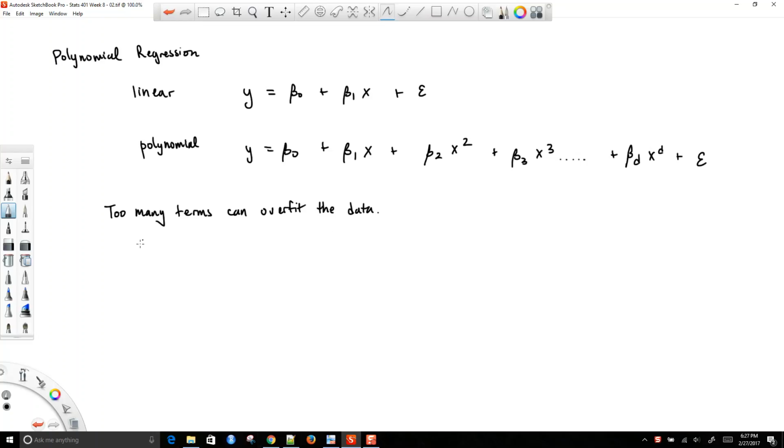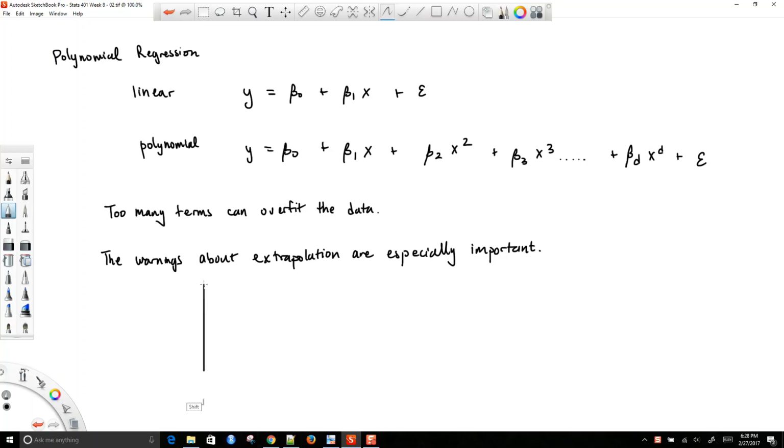The warning about extrapolating is especially important for polynomial regression, because as soon as you exit the range where you've collected data, the fitted line tends to shoot off into wild territory. If you've collected data something like this, perhaps you can get your polynomial to fit up to this point.